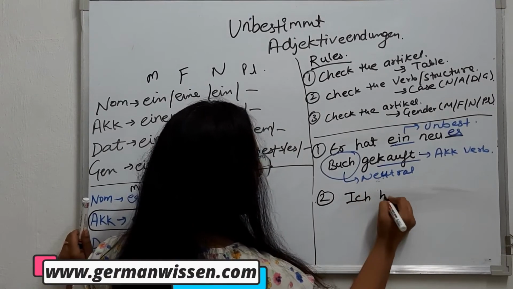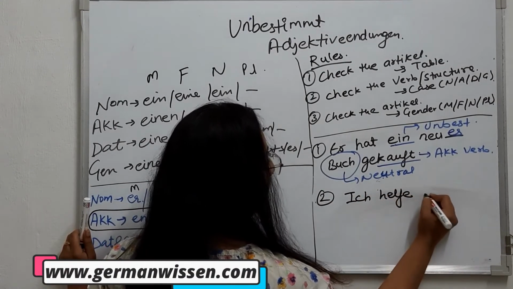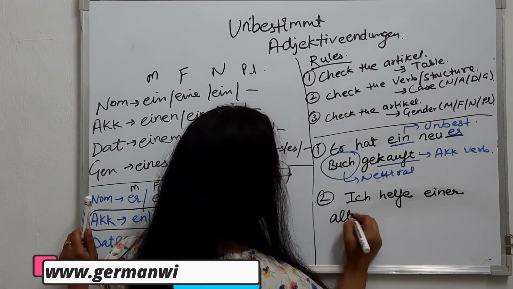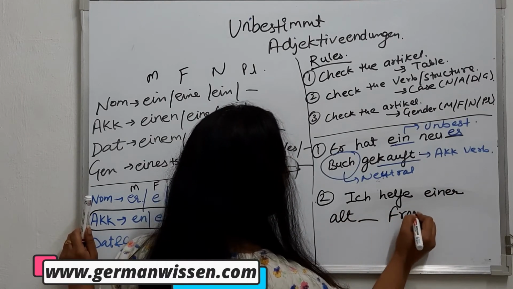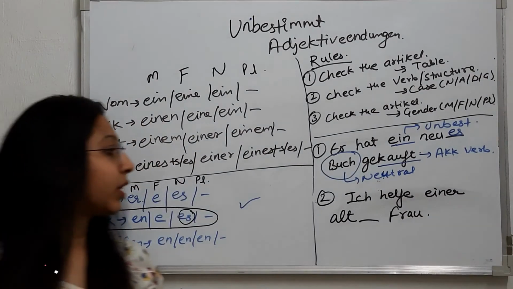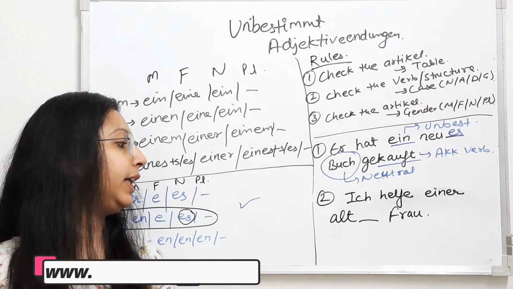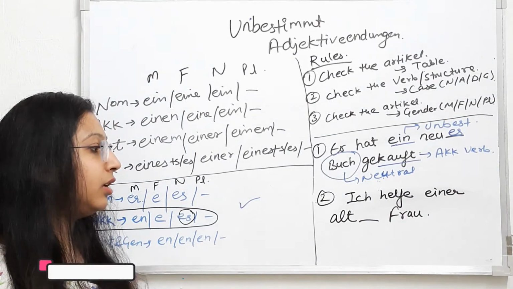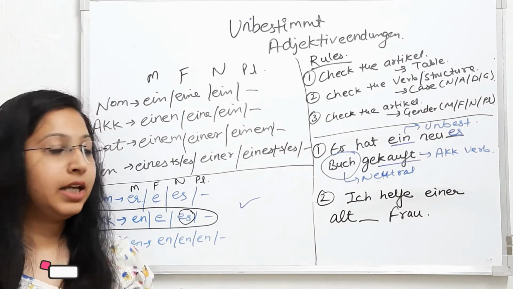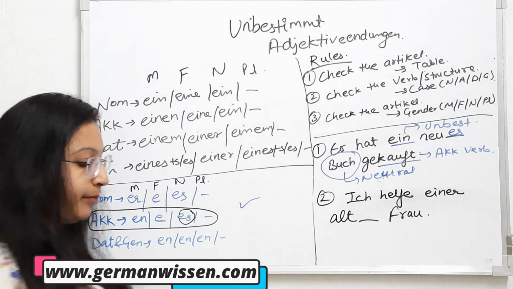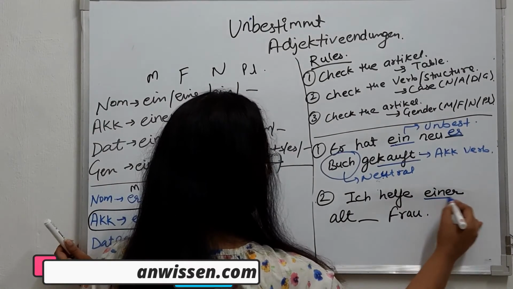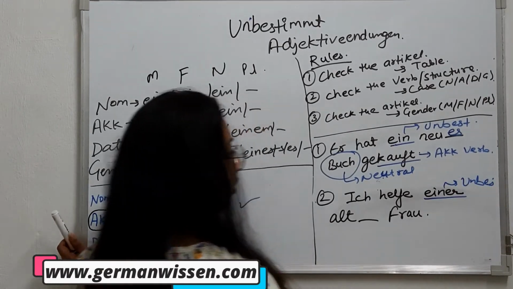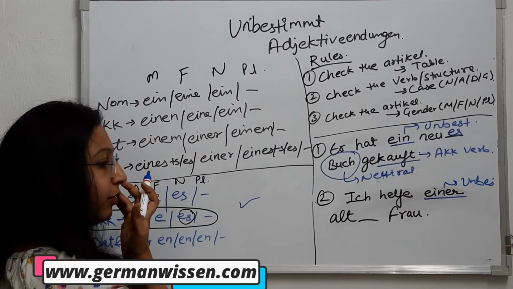Ich helfe einer alten Frau. So the sentence means I am helping an old lady. First of all, einer shows unbestimmt, so we know we have to follow the unbestimmt table.